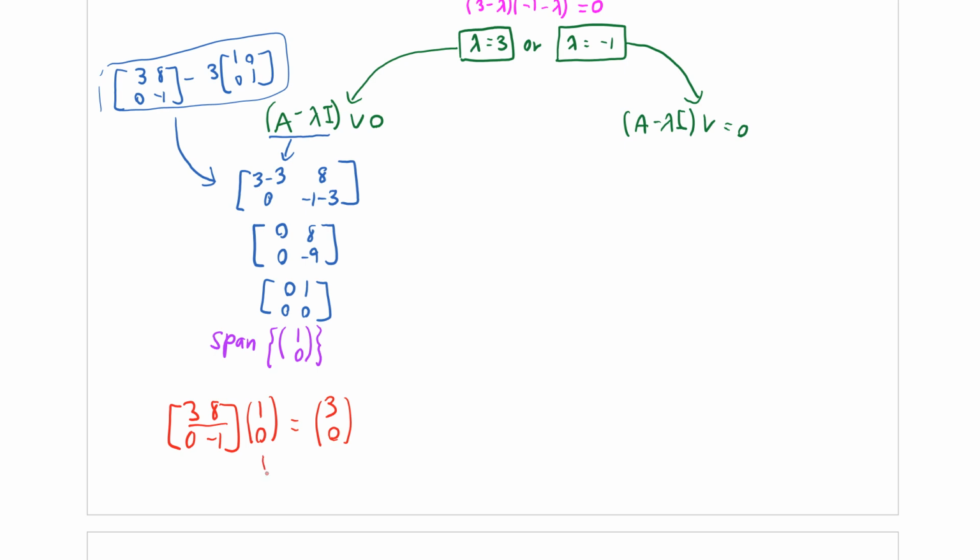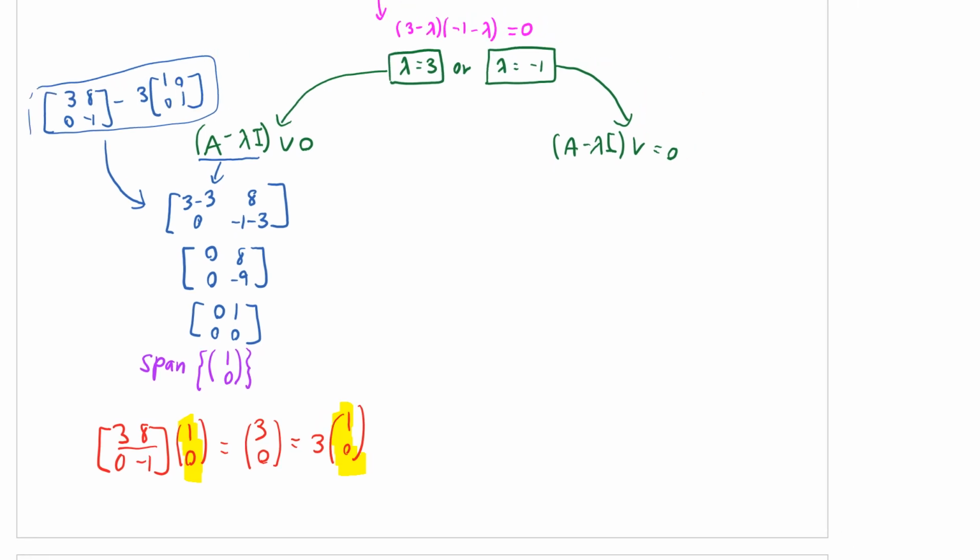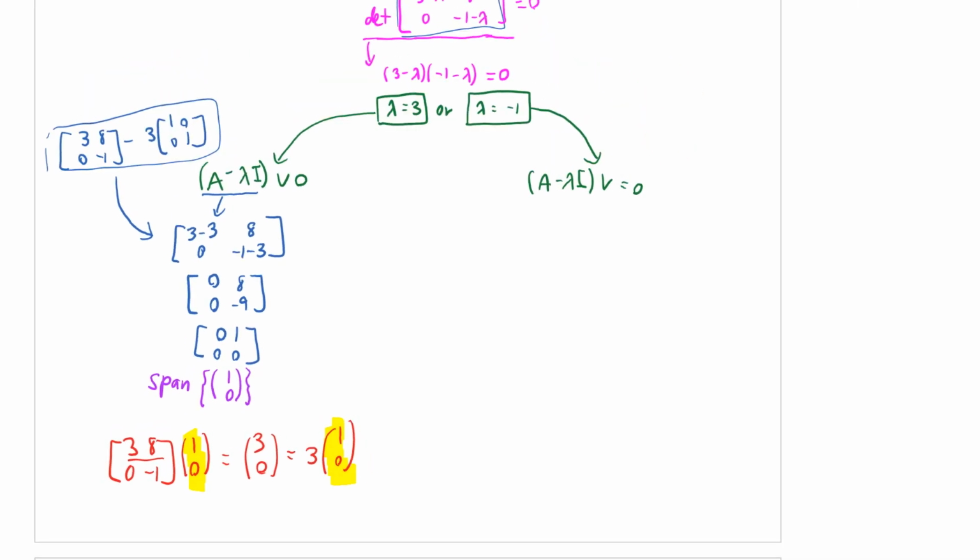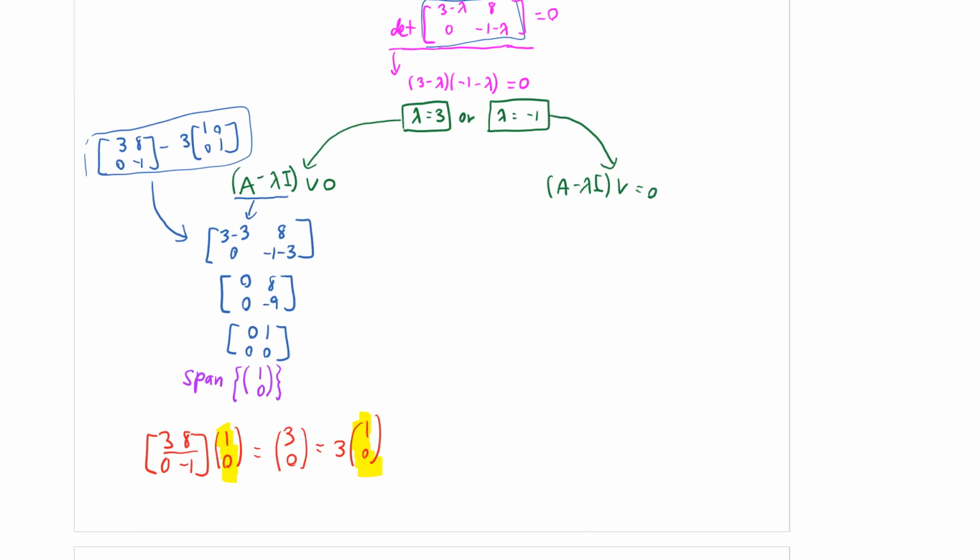And look at how this is just 3 times 1, 0, which is the original vector that we have. So I have now A times V, which is the eigenvector, equal to 3, my eigenvalue, times 1, 0, which is my eigenvector. So now let me do this again for lambda equal to negative 1.